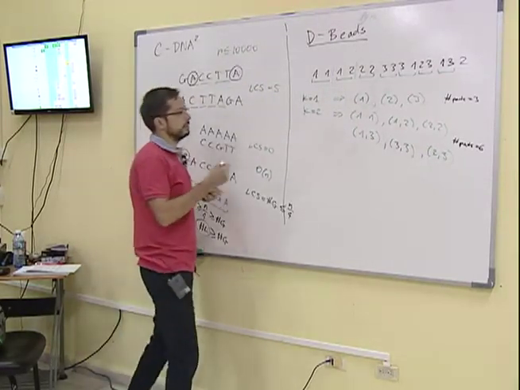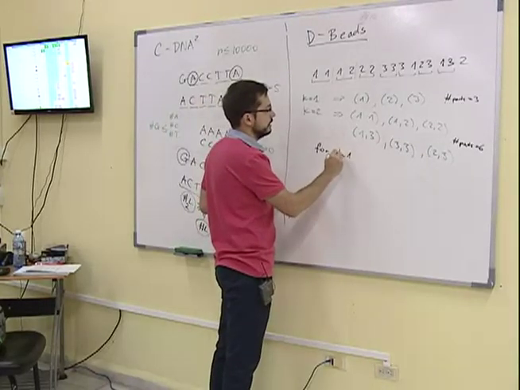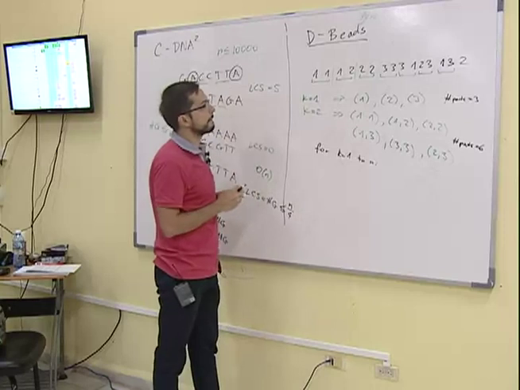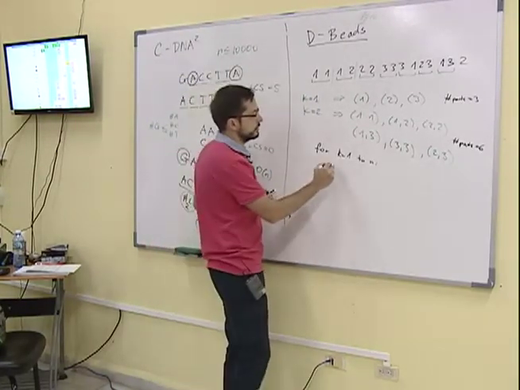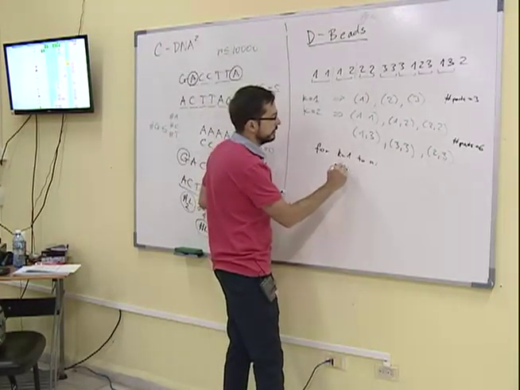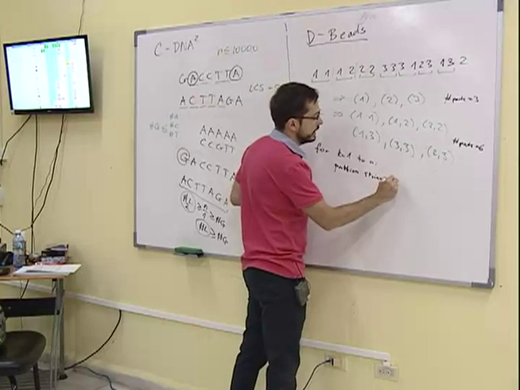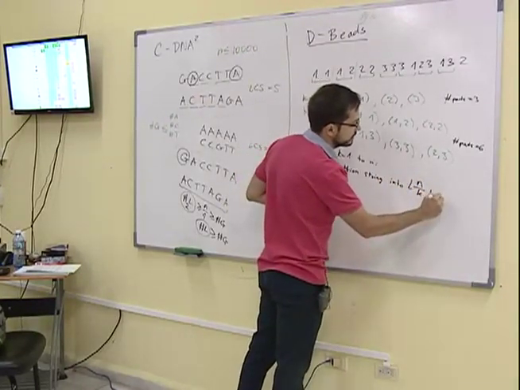So basically we're just writing a loop for k from 1 to n, and then we need to partition the string into n over k pieces.